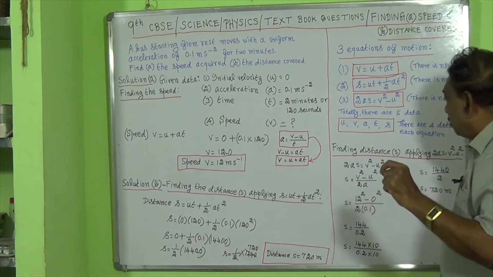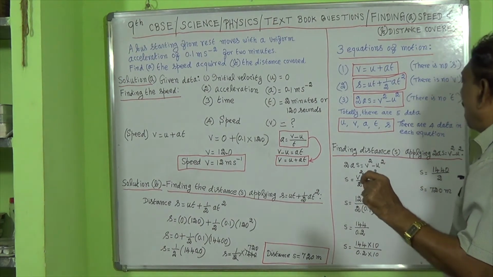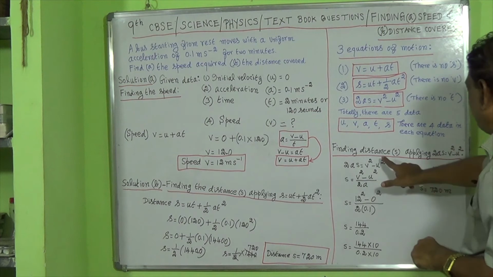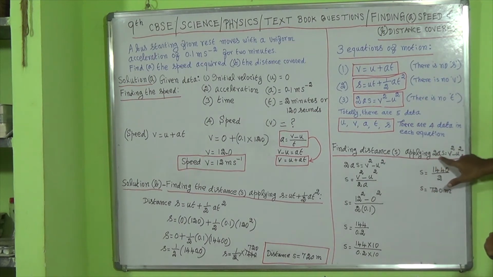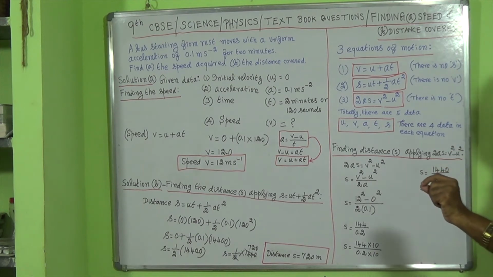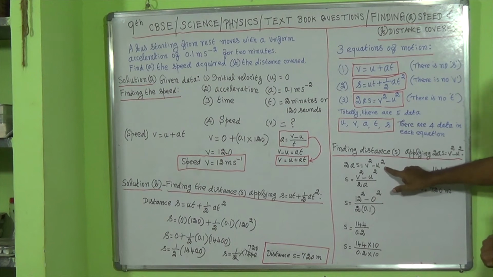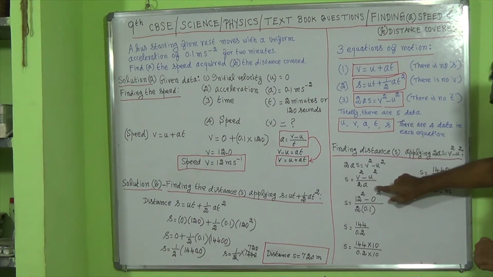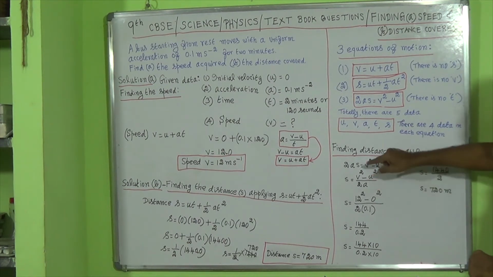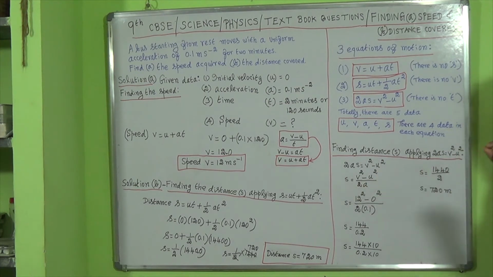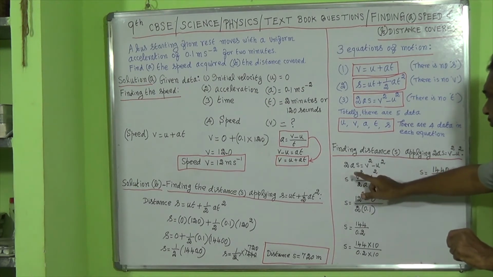We can also see how we are going to find the distance applying the third equation of motion. What is the third equation of motion? 2as equal to v square minus u square. From this equation, we are going to write the equation for distance. Why?